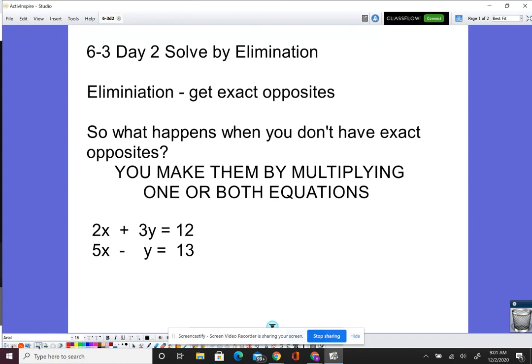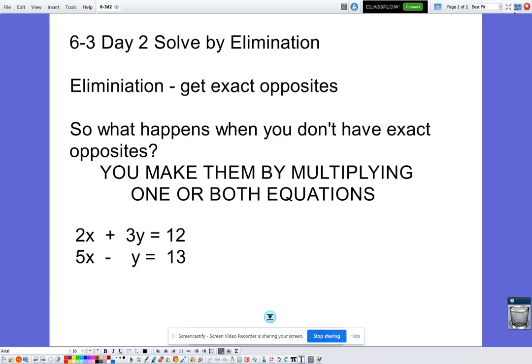So in this case, with this first example here, I would say that we want to eliminate the y because it has the positive and the negative on it.